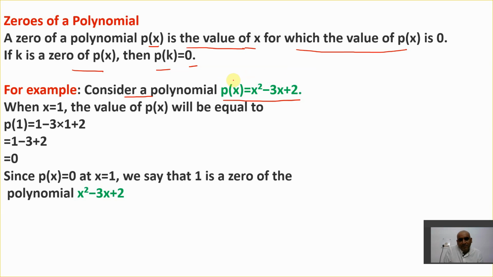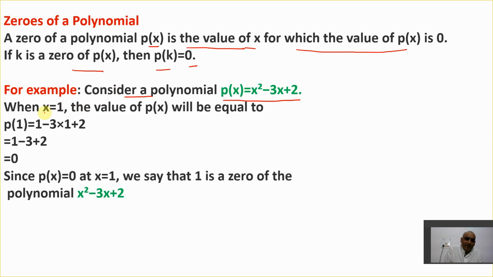There must be a value of x for which p(x) becomes 0. If I apply that value of x in this equation, it becomes 0, and that value is called a zero of that particular polynomial. I hope you get this point.